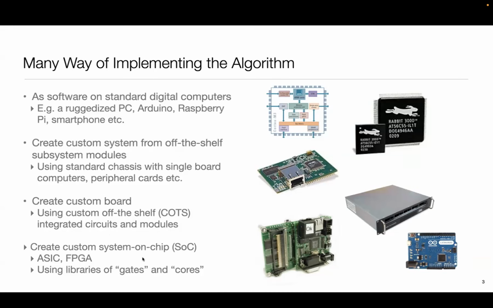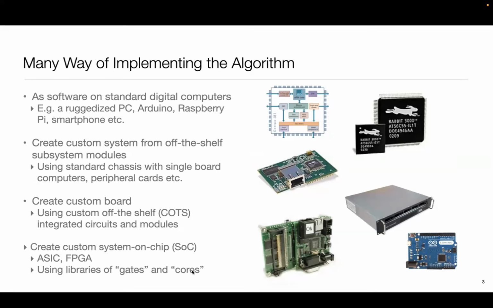And then there is also creating your own chip. ASIC and FPGA are here. And here what's happening is that instead of working at the level of boards and mechanical things, I'm working on top of silicon typically. And my palette is not CPUs and boards. My palette is logic gates and things which plop down on the silicon.